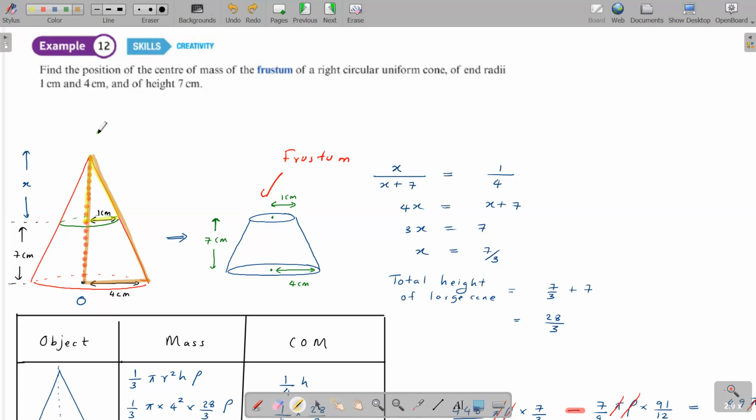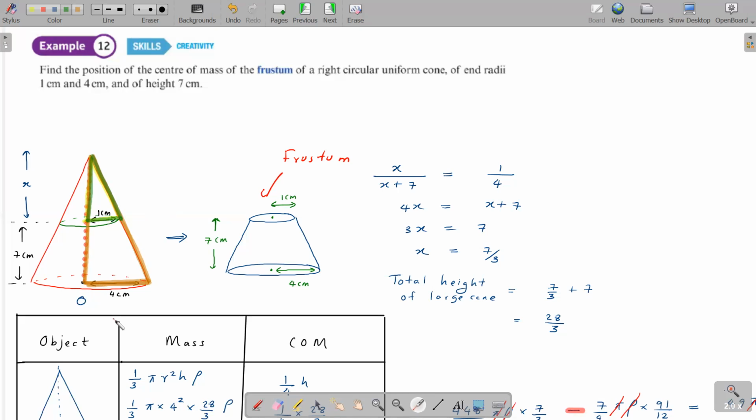This one in brown color is the large triangle, and here in green color I'm drawing a comparatively smaller triangle. These two triangles are definitely similar because their angles are the same.